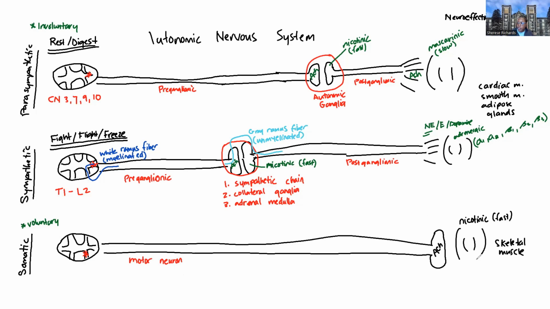We also want to refer to this junction as a neuromuscular junction. So not a nerve effector, but a neuromuscular junction here. Right? Versus what we see in the sympathetic side.